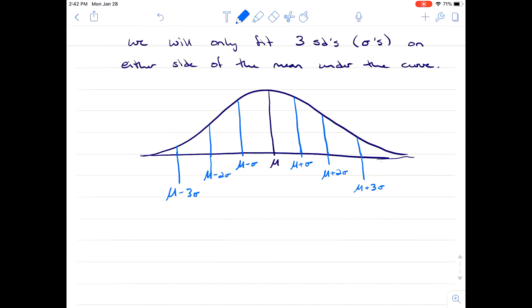They try to run under some philosophy, and it has to do with this: most of your curve is captured in these 6 standard deviations. That's what it's about. You've captured most of your curve within 6 standard deviations.